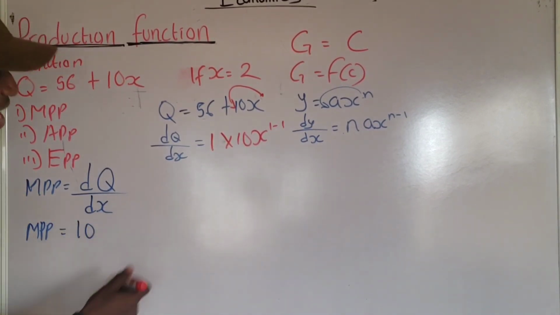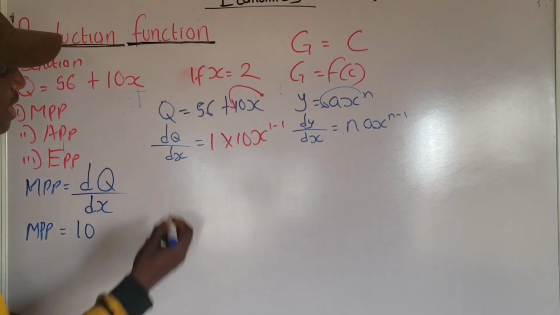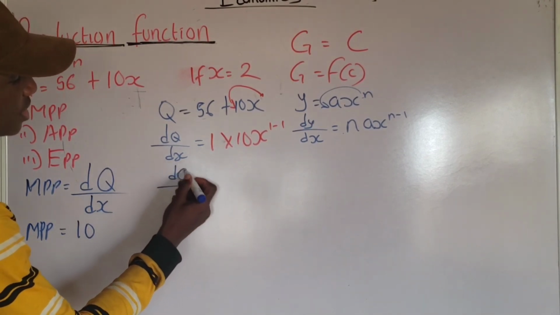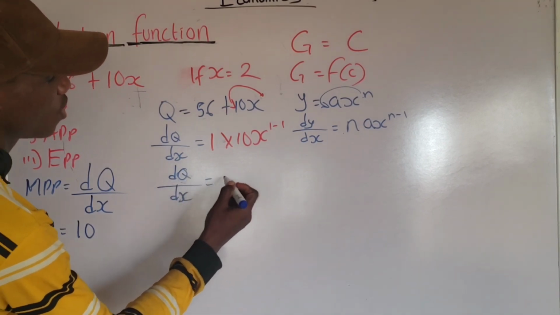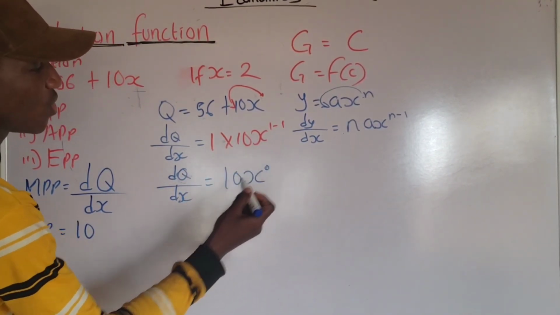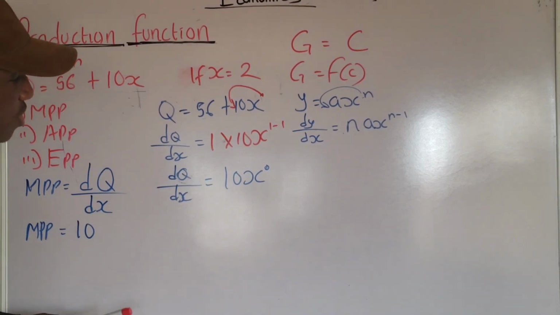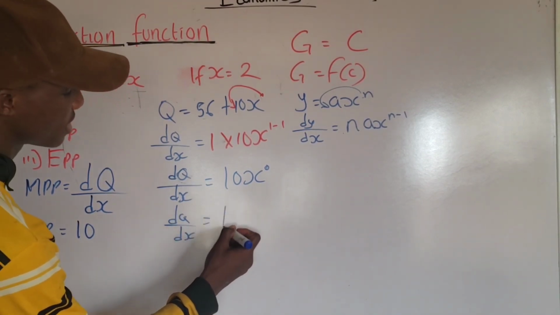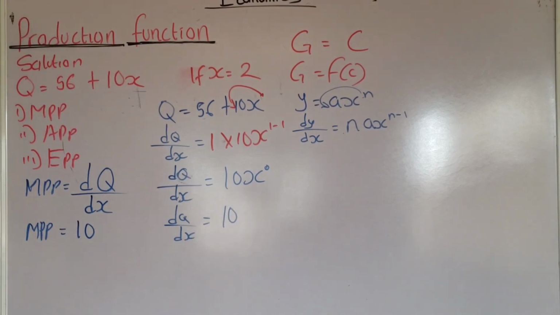So here I'm going to have dQ over dx equal to 1 times 10 is 10, x raised to the power of 1 minus 1 is x to the 0. So dQ over dx is equal to 10, because according to the laws of indices, x raised to the power of 0 is 1. So that is how I got the MPP as 10.